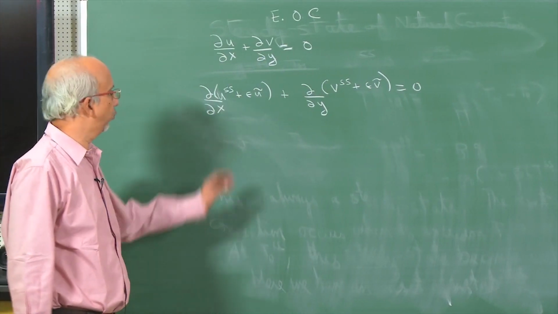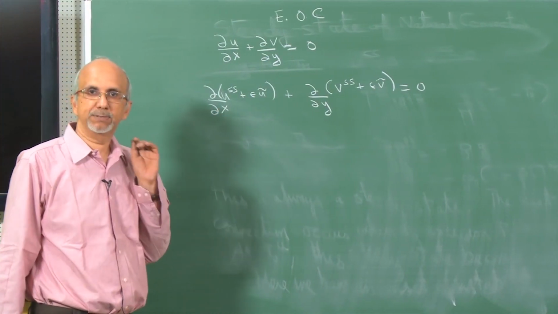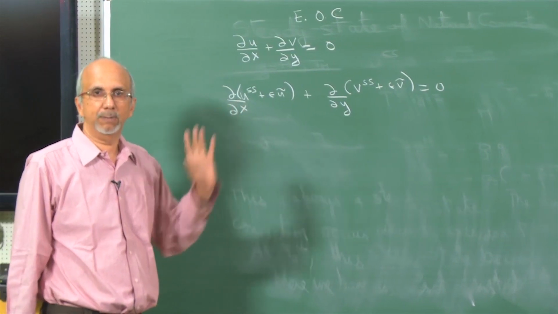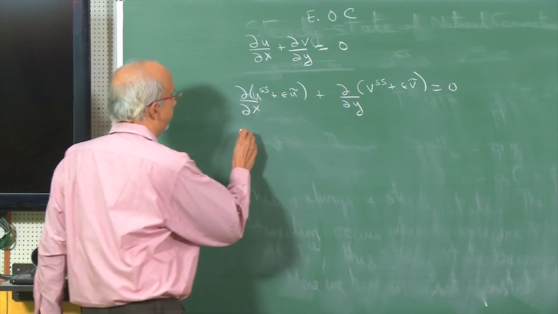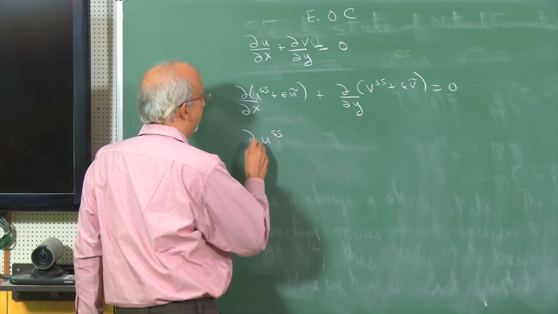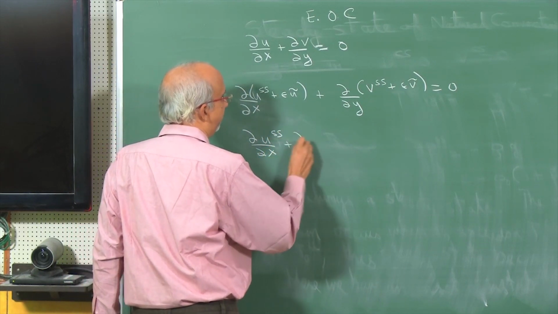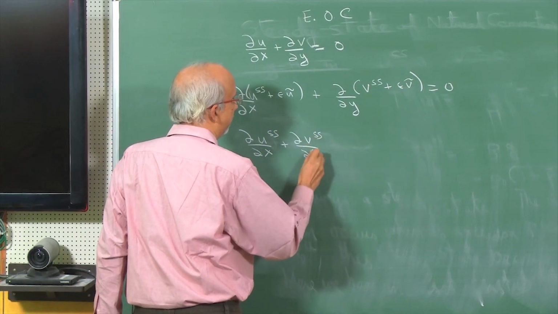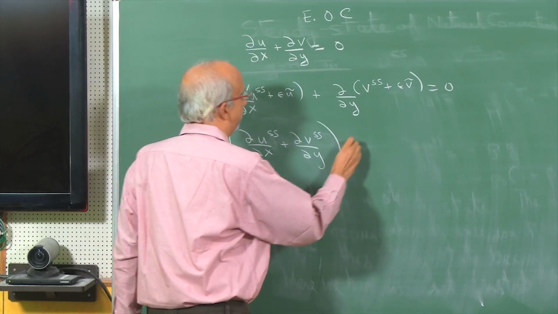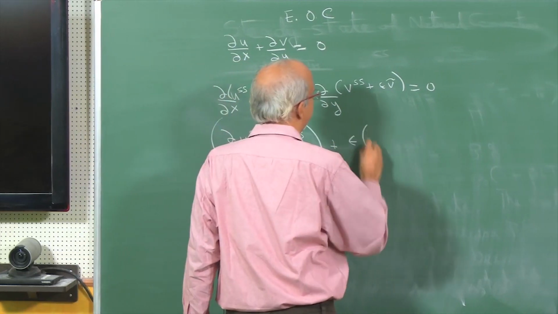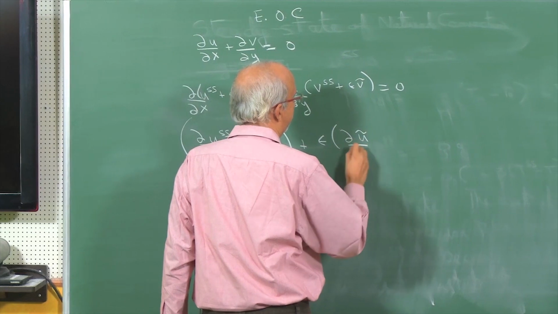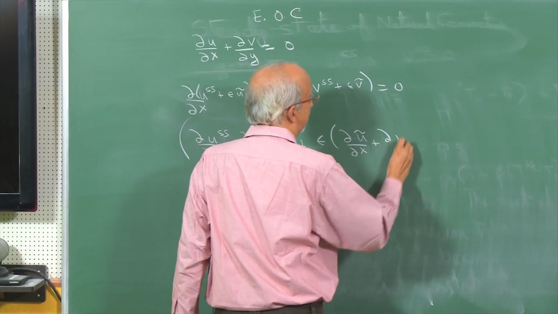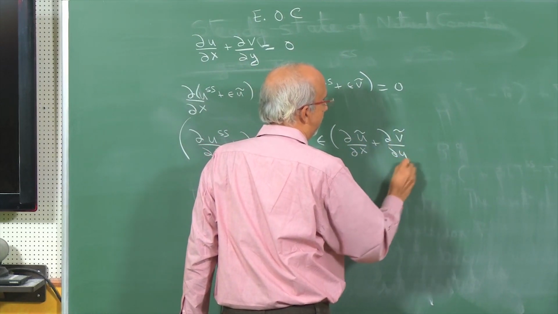What we do is we group terms which are of order epsilon to the power 0 and of order epsilon to the power 1, and we get duss by dx plus dvss by dy plus epsilon times du tilde by dx plus dv tilde by dy equal to 0.